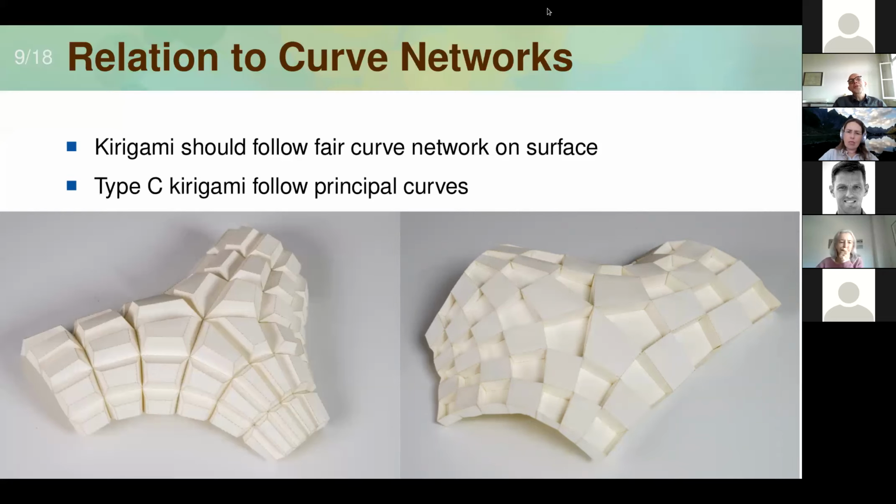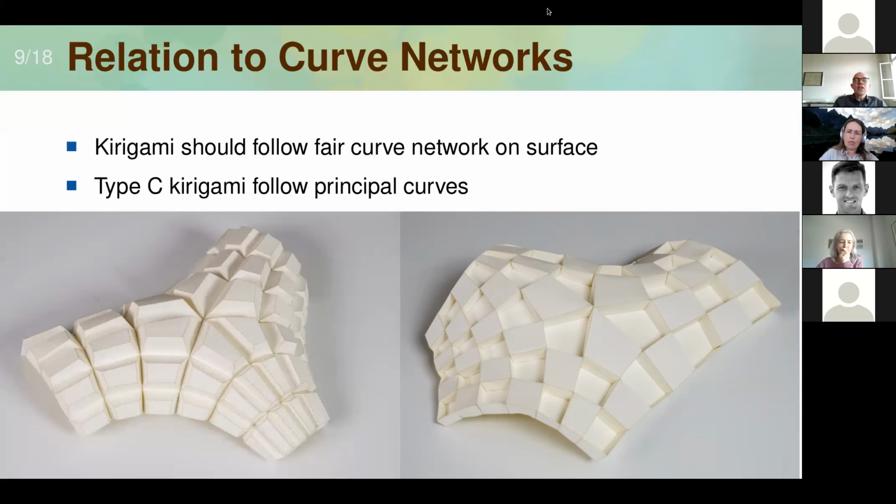So such type C Kirigami can follow, if you have this orthogonality, only the network of principal curves. So this brings me to a major point. You cannot hope to compute such Kirigami structures simply by optimization.